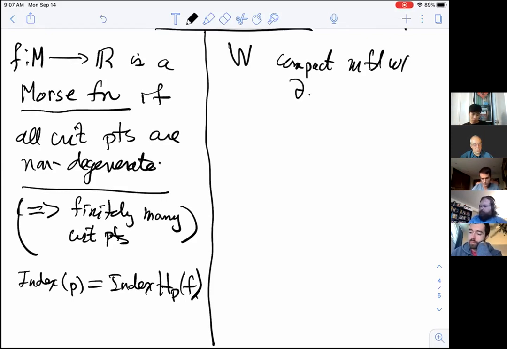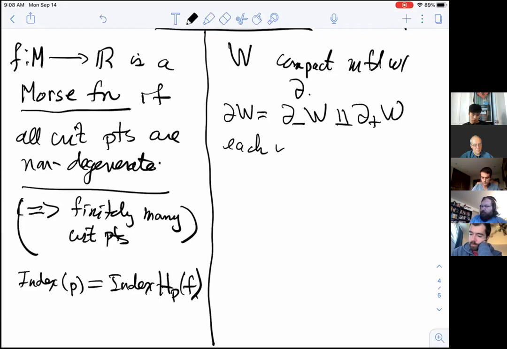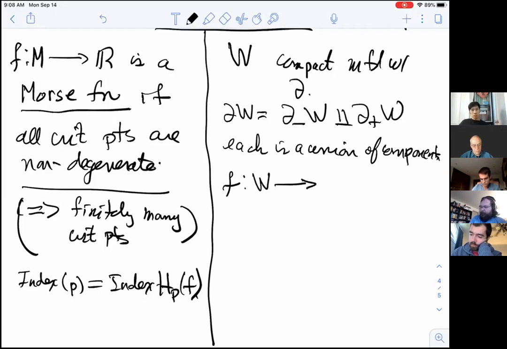We need a decomposition of the boundary of W into two pieces called boundary minus of W and boundary plus of W. Each of these pieces is a union of connected components. Okay. Then a Morse function with respect to all this structure, W to R, has the following properties.